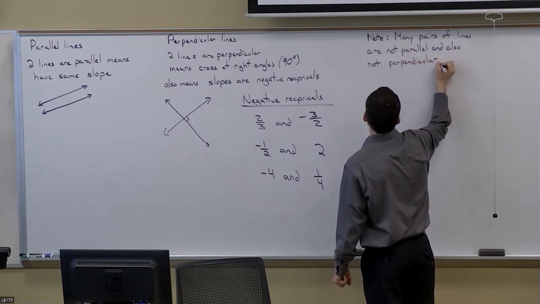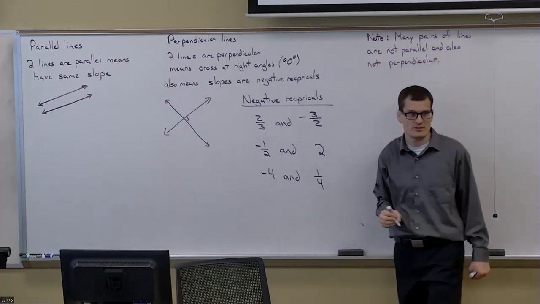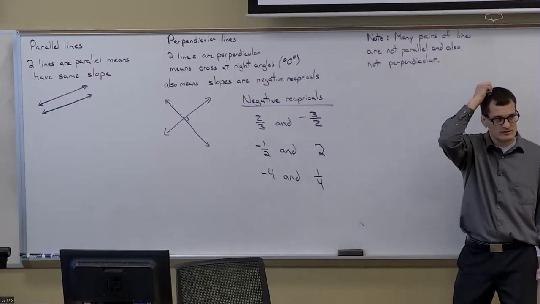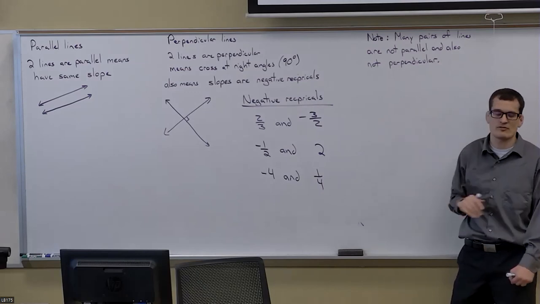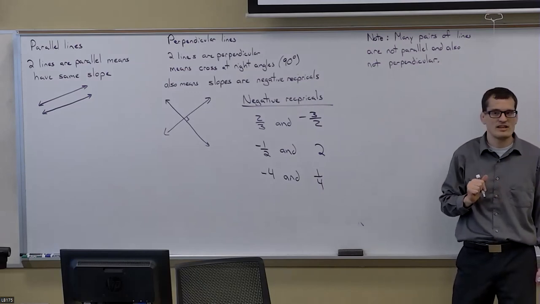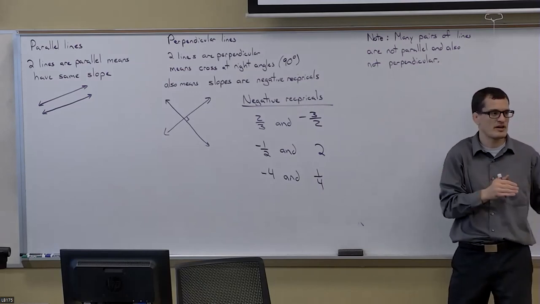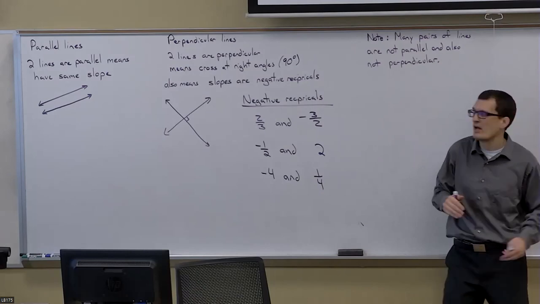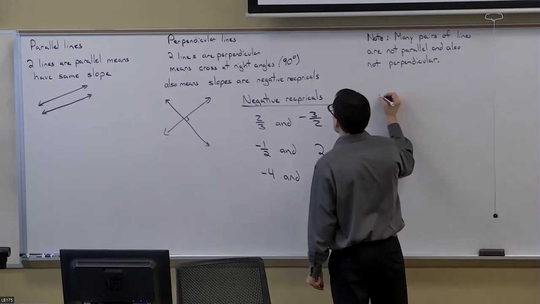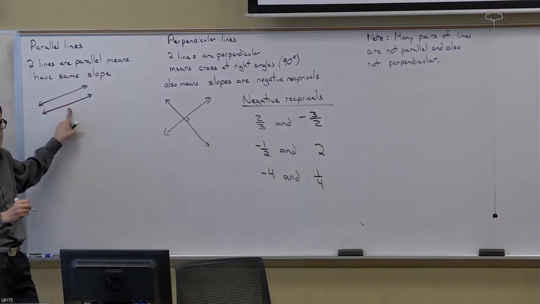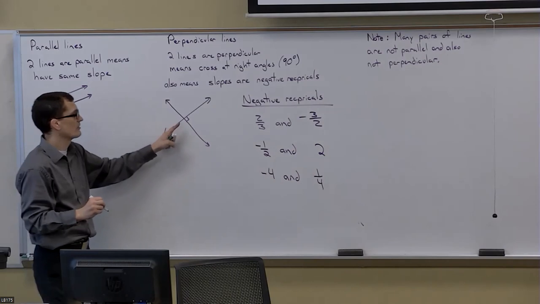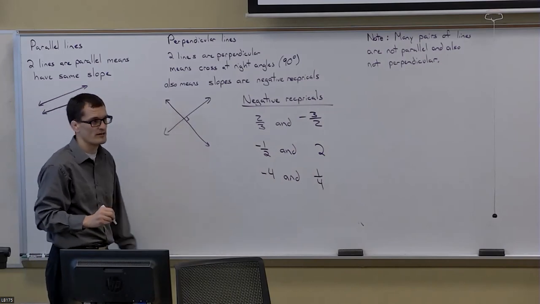So they're neither parallel nor perpendicular. Okay, a lot of people, when I say, oh, here we're gonna look for parallel perpendicular lines, think every pair has to be parallel or every pair has to be perpendicular. That's not true. There's lots of lines that cross. So this one means that they don't cross, parallel lines don't cross. So they're gonna cross, but not at 90-degree angles.